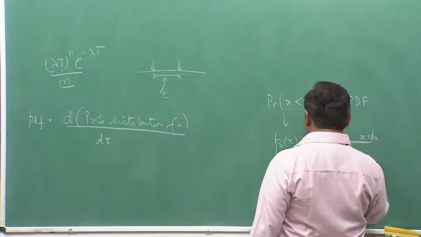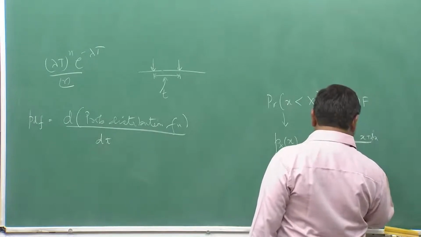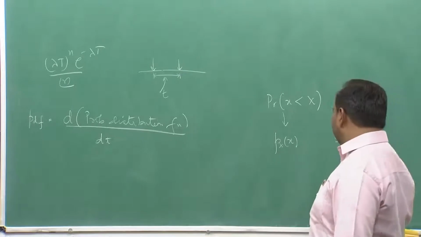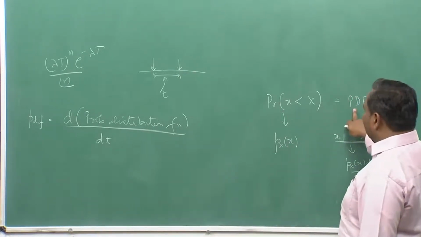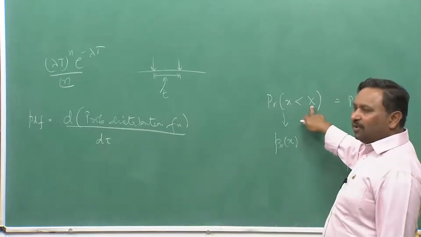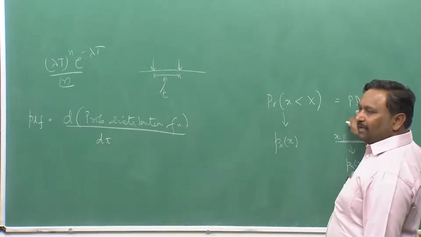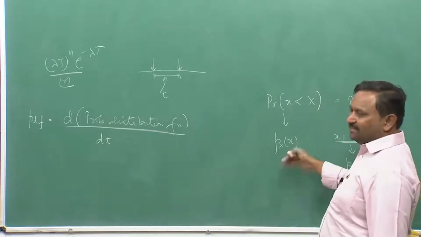Within this range, the probability that x will be lying within this is always given by p_x(x) dx. That is what the density actually means. And when it is a probability distribution function, it defines the probability that x will have a value smaller than this capital X. And this is incremental technically, that is why you have to take the derivative of this to get this.